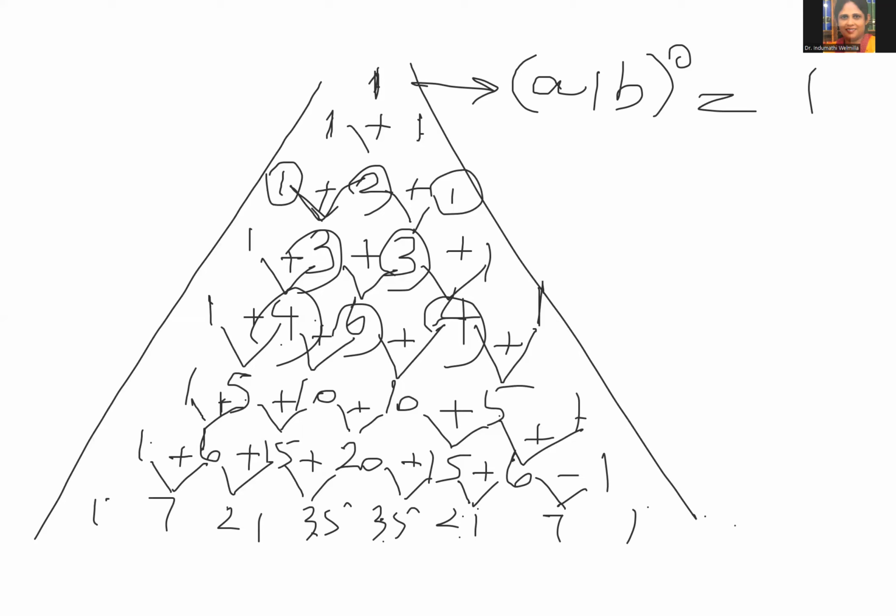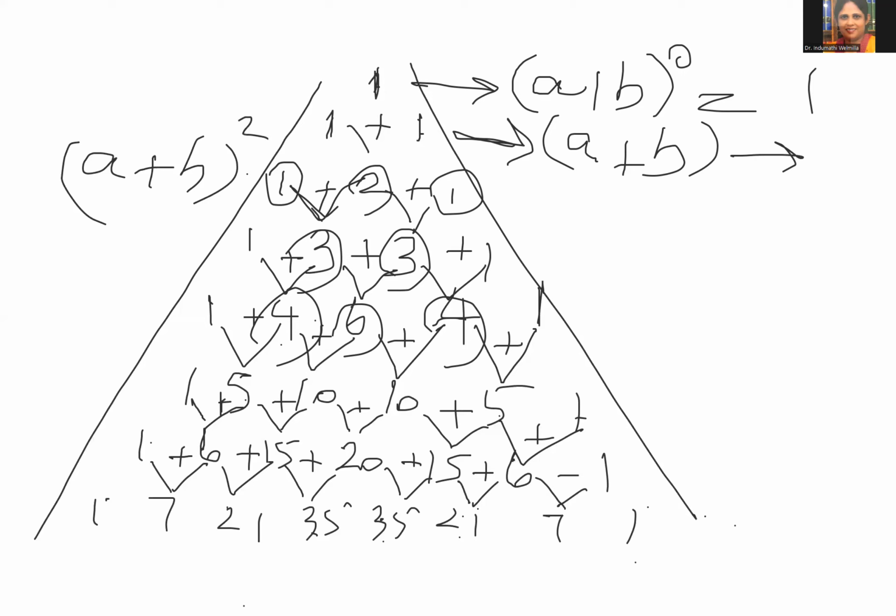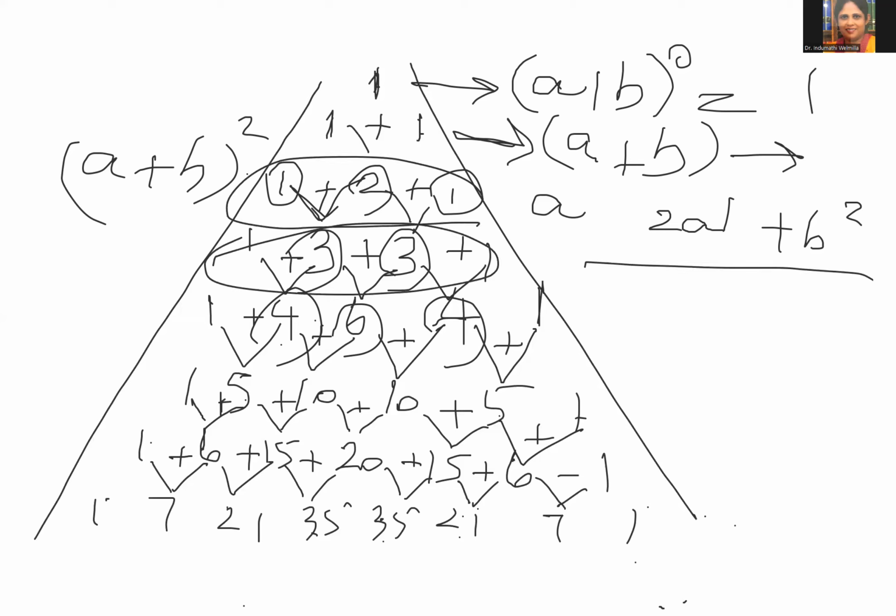When we move to the second one, a plus b, we can't expand that further. Then a plus b squared is a squared plus 2ab plus b squared. So using this triangle, you can expand any given expression, right?